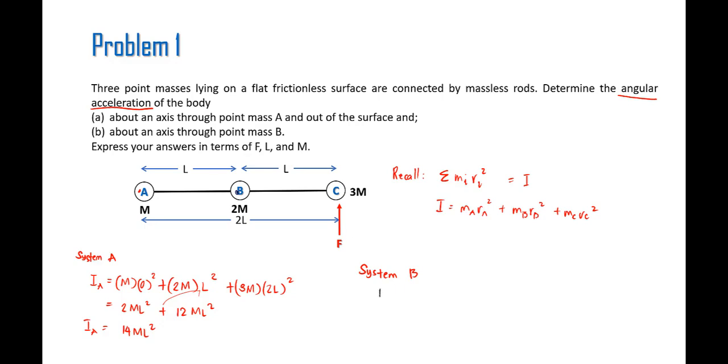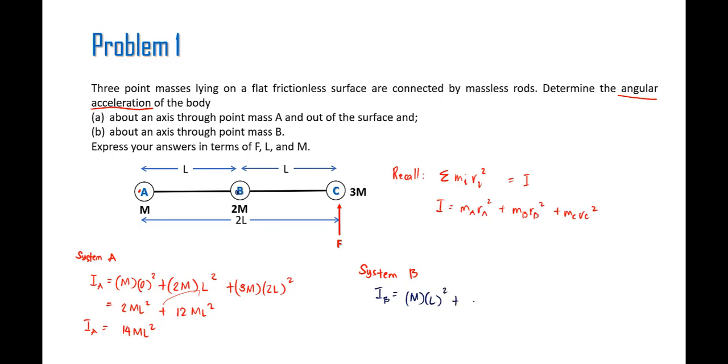So we have I sub B is equal to M sub A, which is M, multiplied by R sub A, which is this distance L, so you have ML squared.